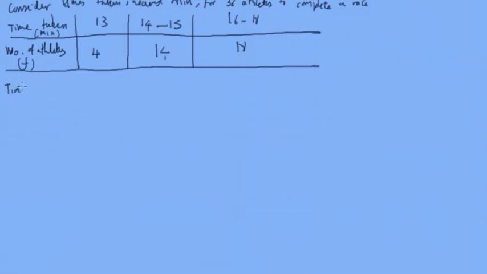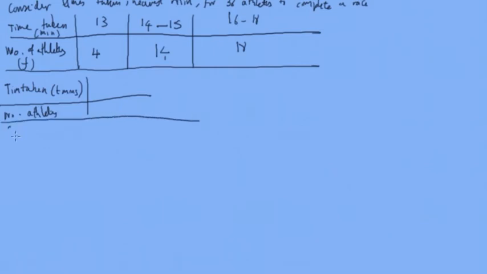So the time taken, t minutes, the number of athletes, and we're going to write in our class width and our frequency density.